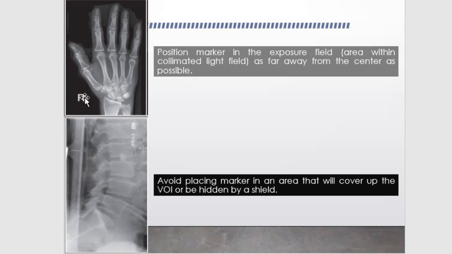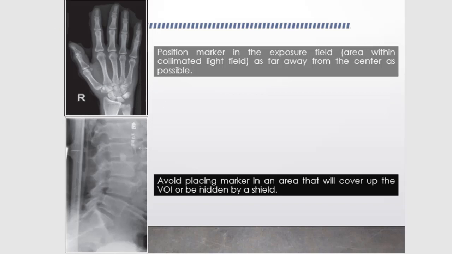Why? Because we don't want it to intercept or obscure the region of interest. But please bear in mind that you don't open the collimation just to include the anatomical marker there. You shouldn't do like that. Tight collimation and try to squeeze in the anatomical marker there.